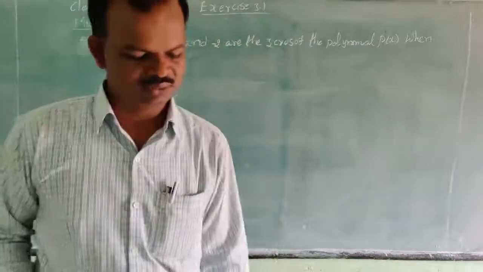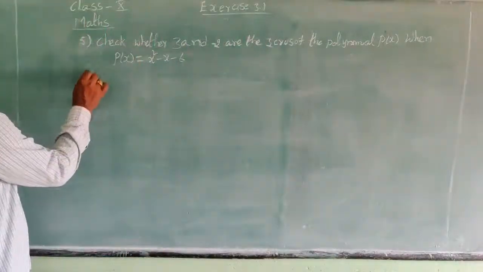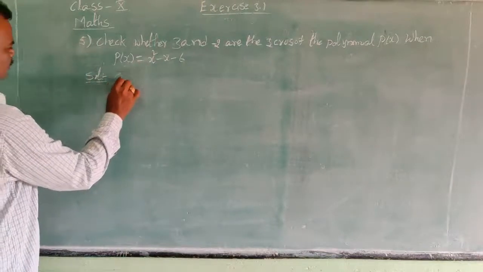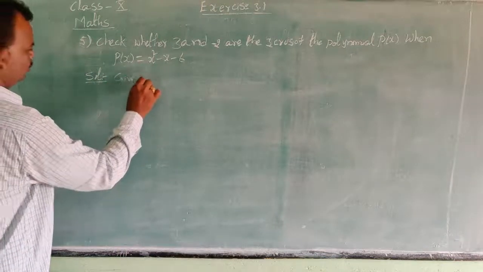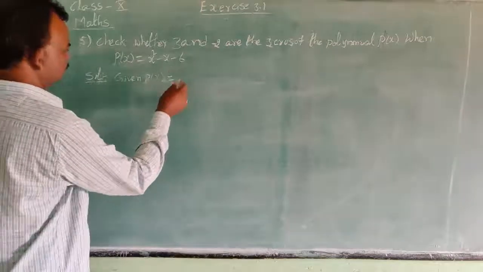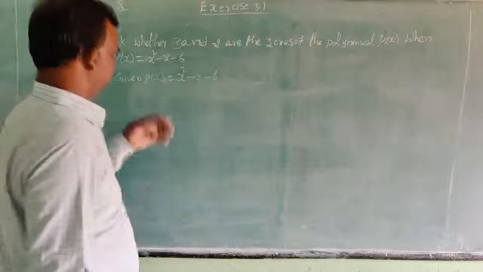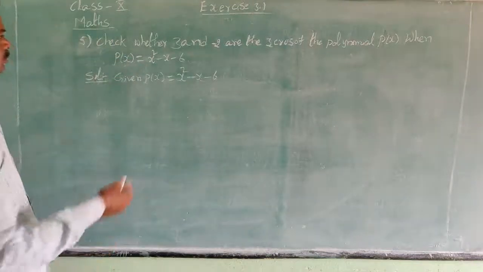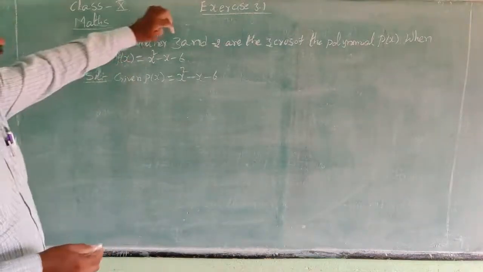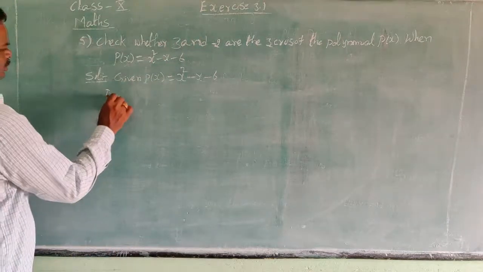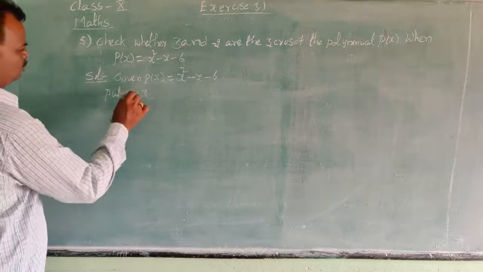The solution is: given p of x is equal to x square minus x minus 6. We are substituting the values 3 and minus 2. Put x is equal to 3.